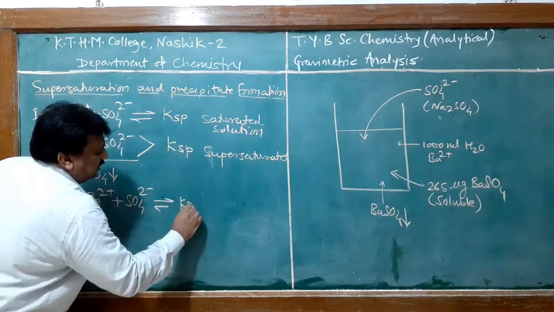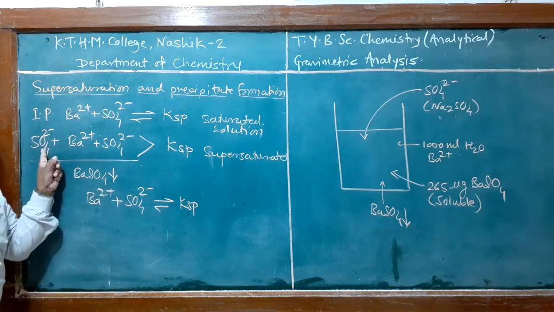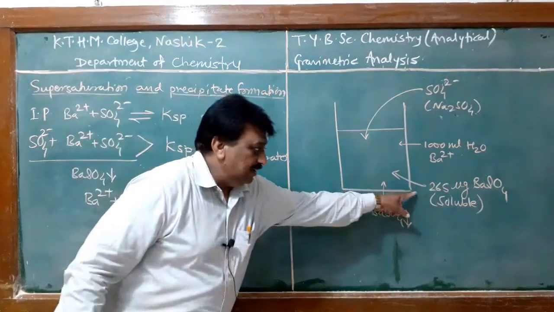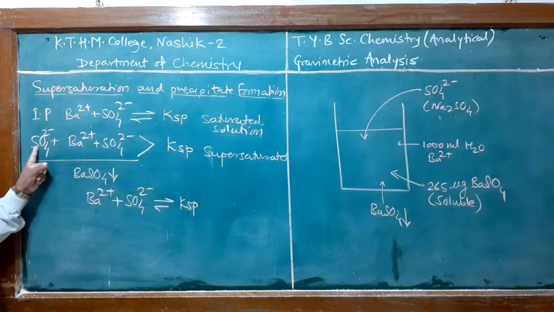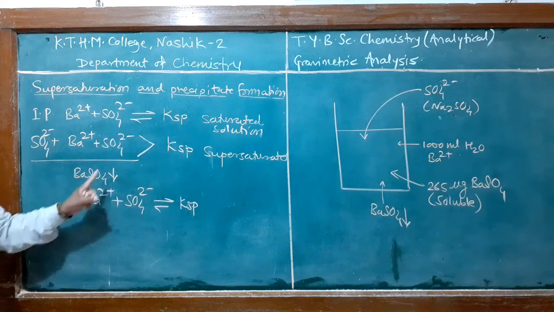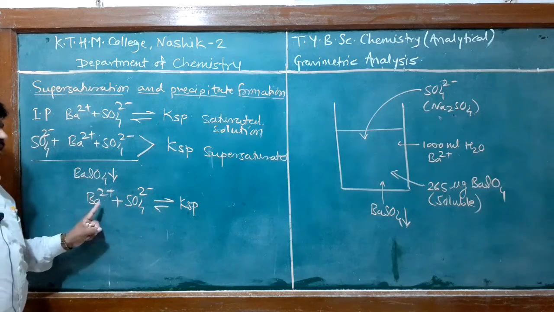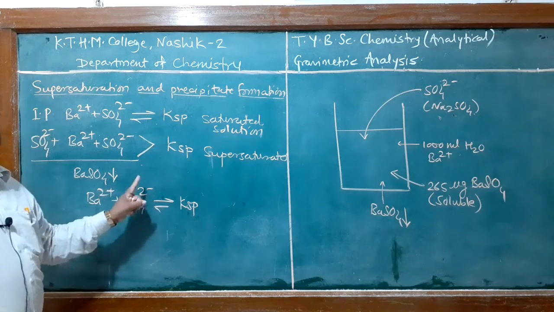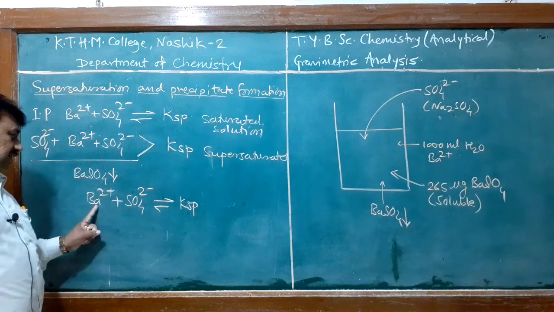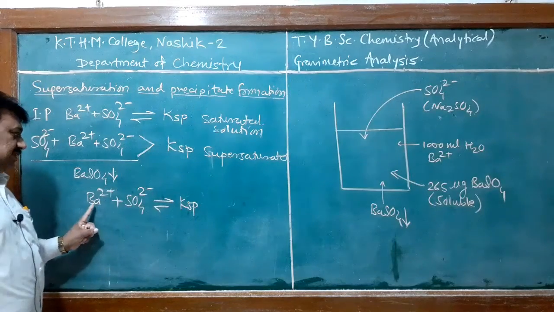Therefore, when excess sulfate ions are added into this soluble barium sulfate solution, the sulfate ion thus added increases the ionic product greater than the solubility product. At that time, that barium sulfate becomes insoluble and gets precipitated out, because the supersaturated solution tries to maintain this equilibrium.